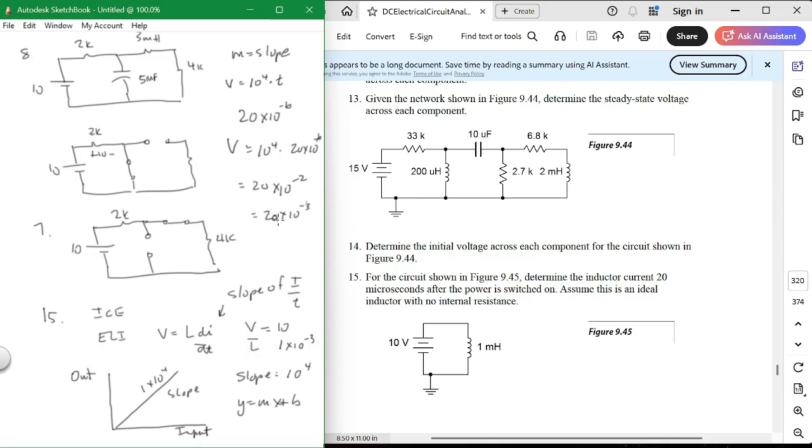No, it's 200. 20 times 10 to the minus 2 is 200 times 10 to the minus 3, right? Everybody agree with that? Or 200 millivolts. Okay, that's that one. Now, will I ever ask that question on a test or again? I don't know. I have, but again, that's a good question to know. So how did I get there?